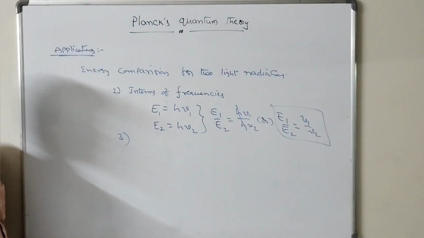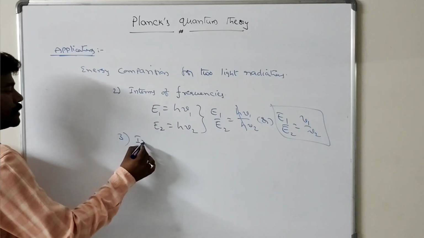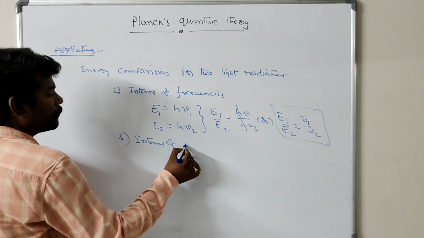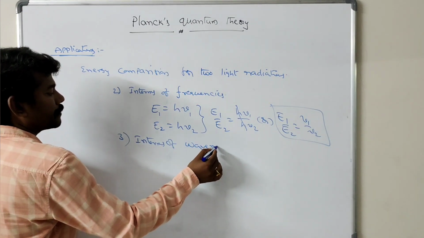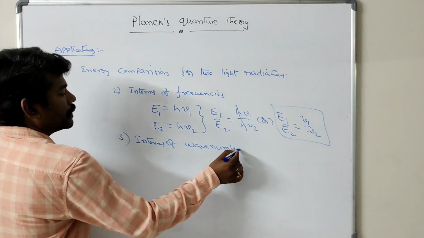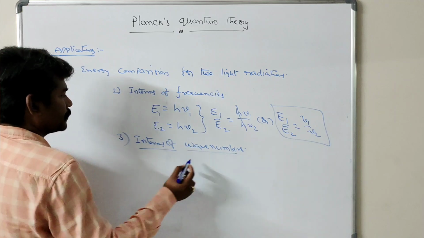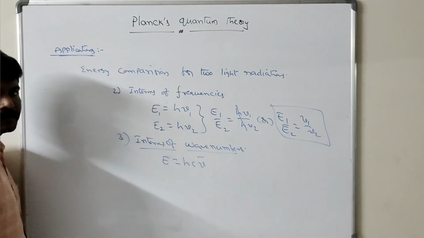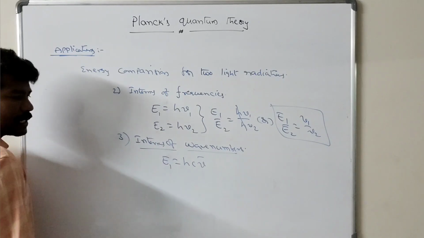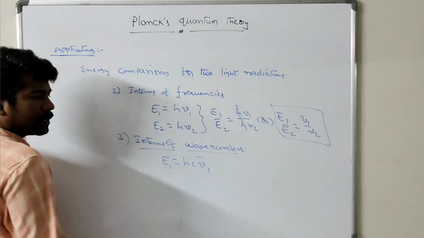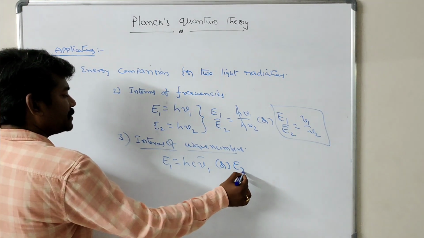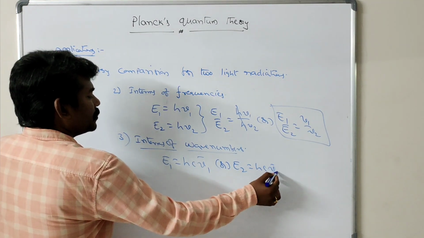And third one, in terms of wave numbers. According to Planck's quantum theory, E is equal to hc nu bar. For the first light radiation, E1 is equal to hc nu 1 bar, and for the second light radiation, E2 is equal to hc nu 2 bar.